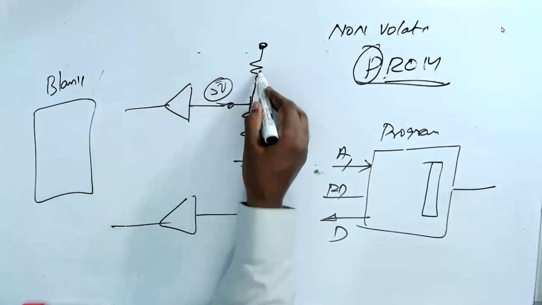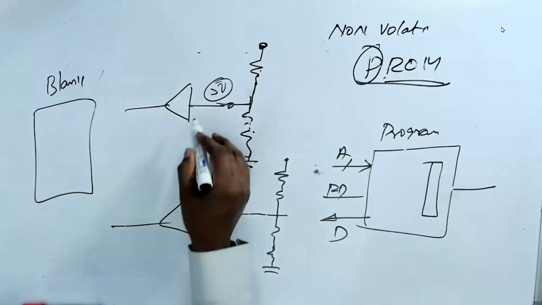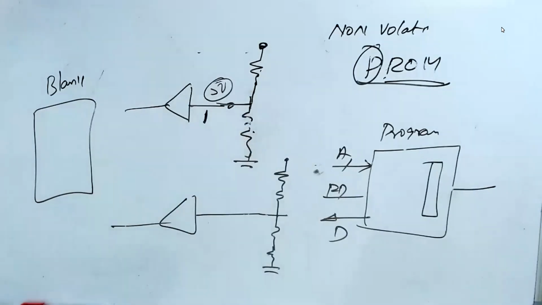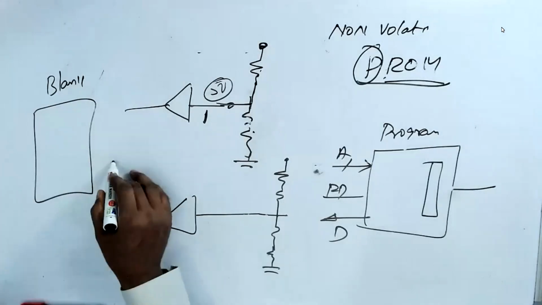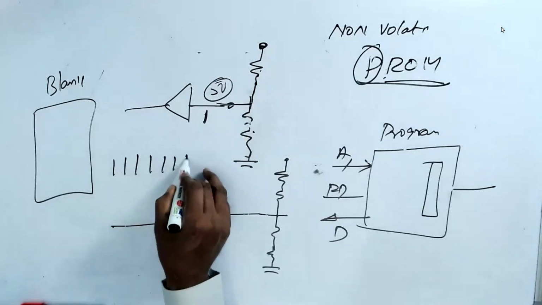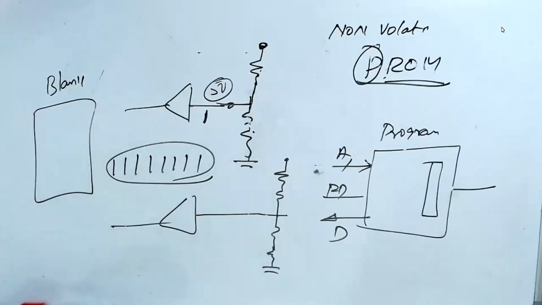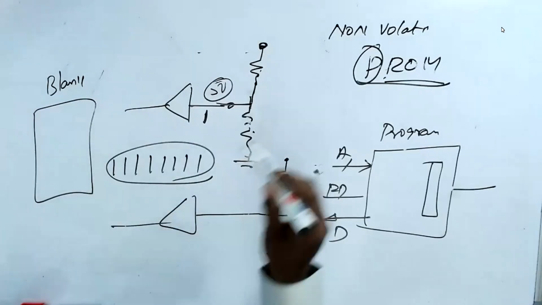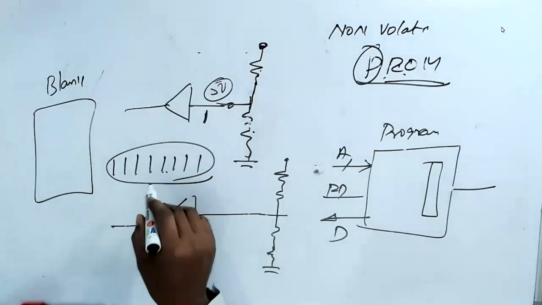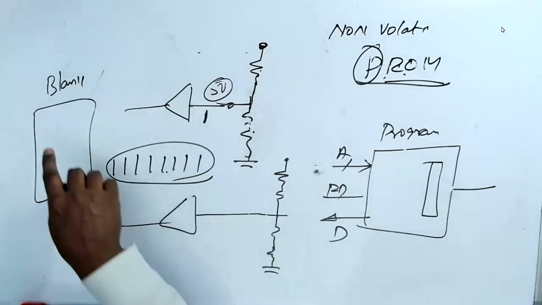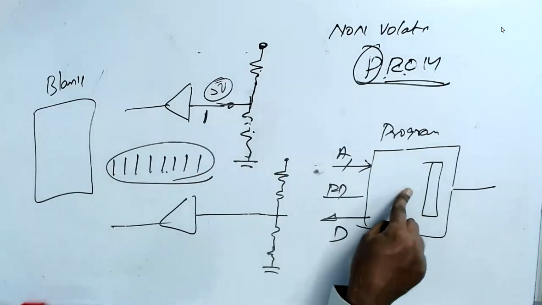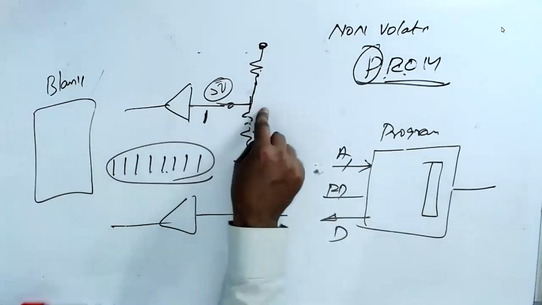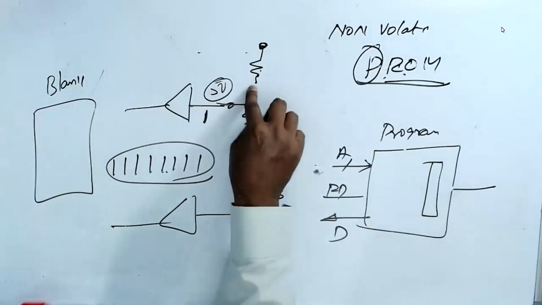This will be a high resistor, this will be a low resistor, so this is always treated as a 1. Blank means you get a chip with all 1s. When you get a ROM chip, all the data will be 1, 1, 1, 1. You can change it as you wish using a programmer. But once you change it, you cannot get the fuse back.